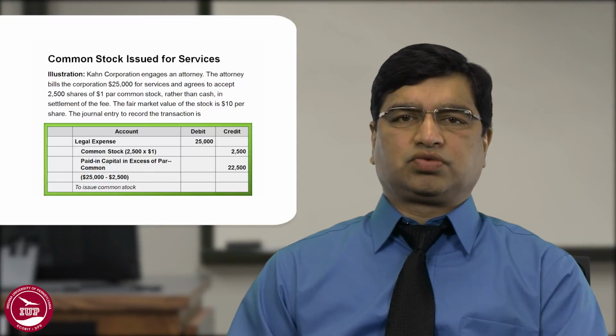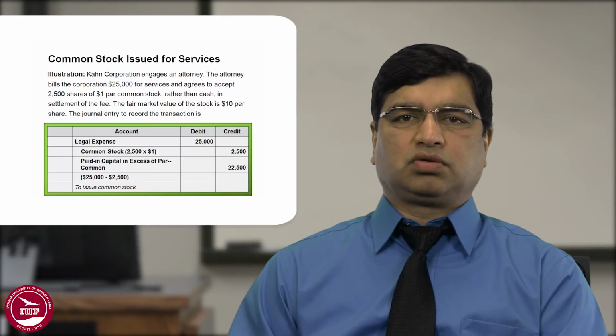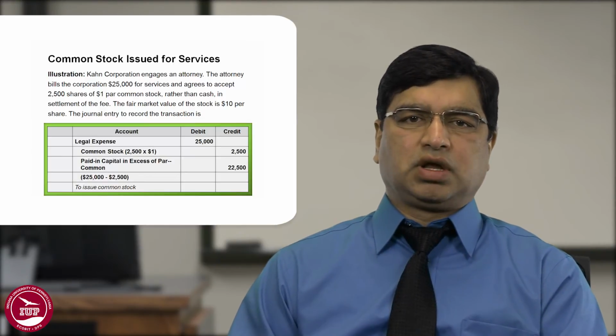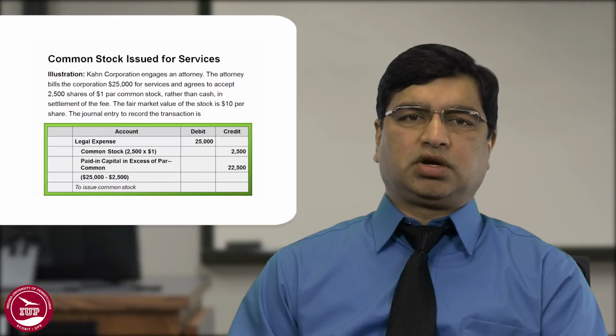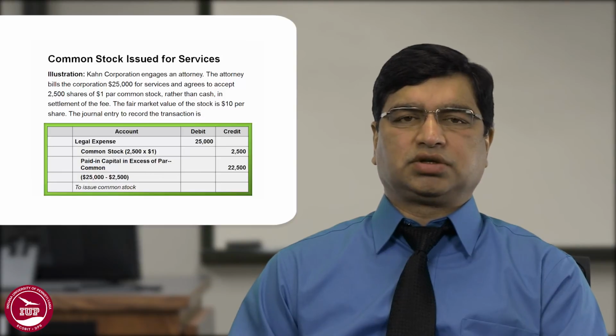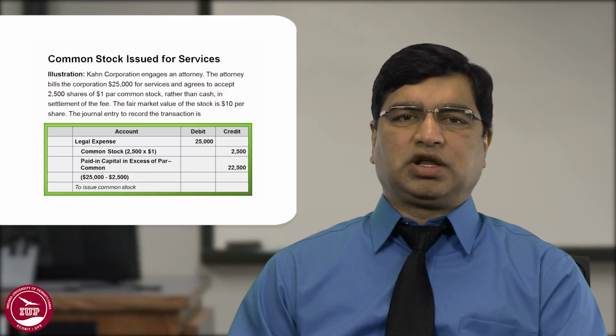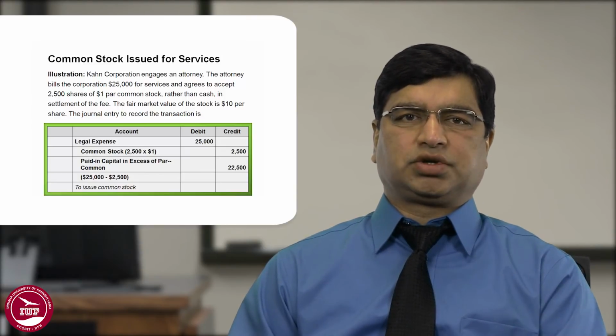So legal expenses $25,000 debited, common stock 2,500 shares times 1, which gives you $2,500, and the balance, 25,000 minus 2,500, which is 22,500, is credited to the paid-in capital in excess of par. The legal expenses are debited as it's an expense, and there's an increase in expense. So we paid off those legal expenses by issuing the common stock.